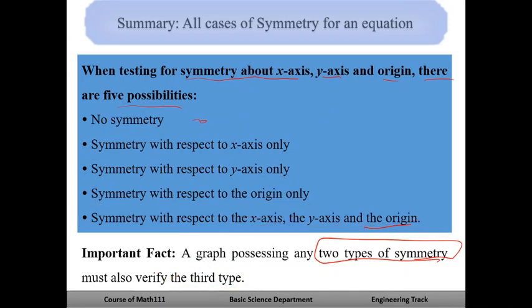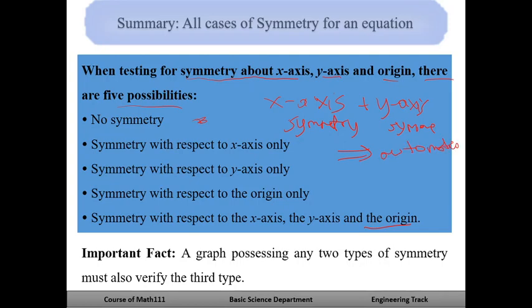So it means if you have symmetry with respect to the x-axis plus y-axis symmetry, if you have both, you automatically have origin symmetry.